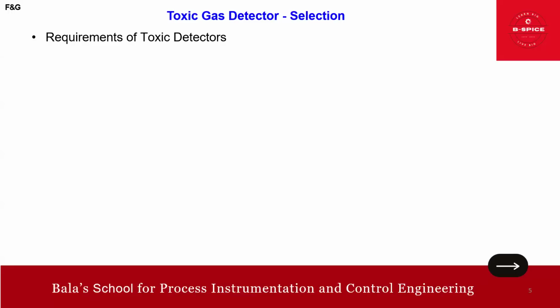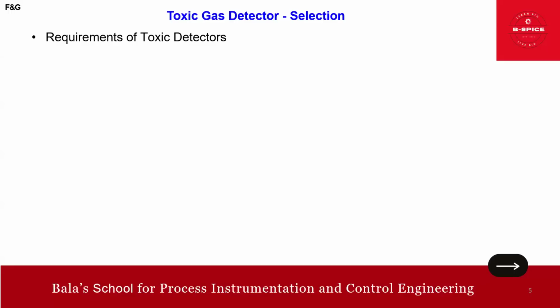Now we go into the requirements of toxic gas detector. Meaning, when we order or when we prepare a project spec, what are the requirements we should put forth? Let's talk. For detection of toxic gases, solid state, electrochemical diffusion adsorption type detector shall be used for continuous monitoring.